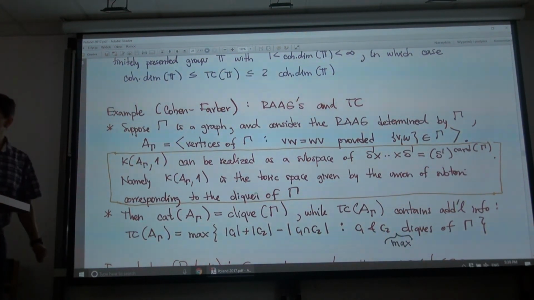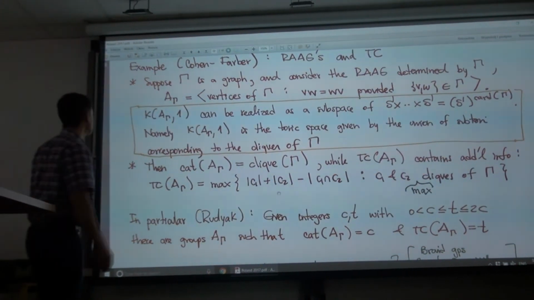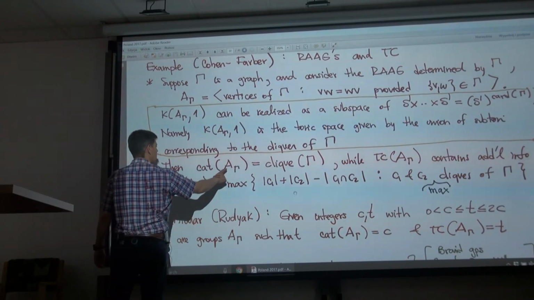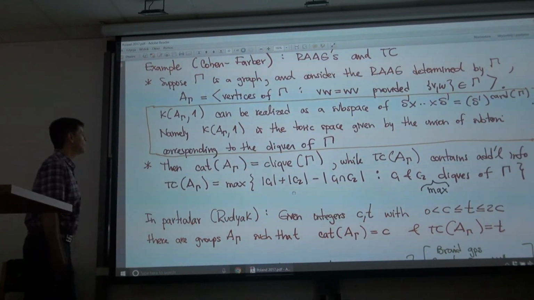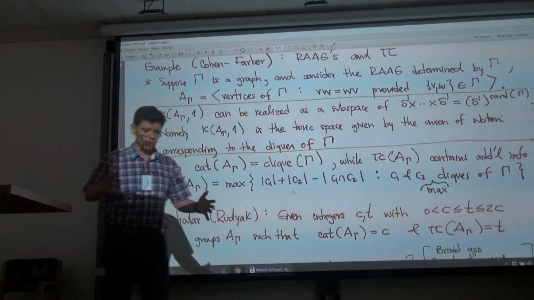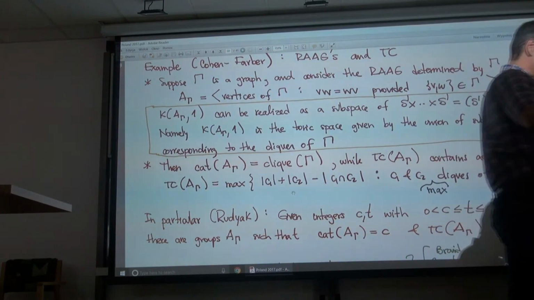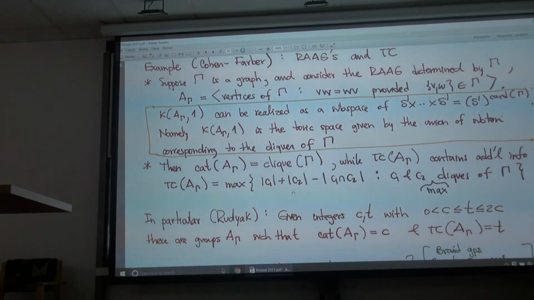Anyway, you have these groups and their classifying spaces, and now the category of such a group, namely of the classifying space, is just the clique number of the graph, namely the largest possible number of vertices that form a complete subgraph of the given graph. So the clique number is combinatorial information, and the category of these groups is combinatorial information.